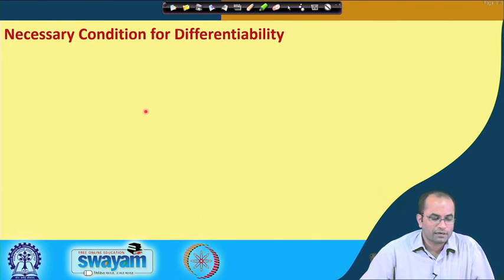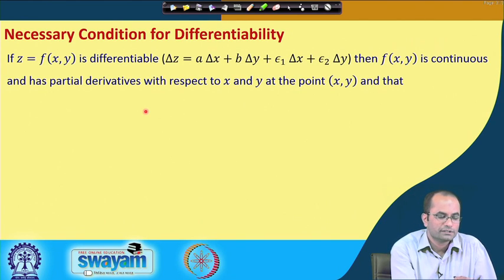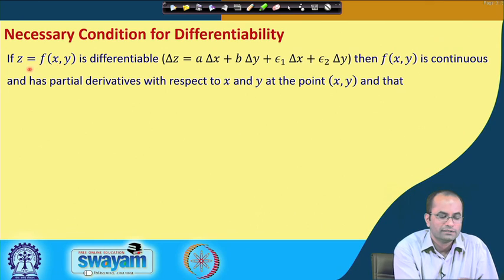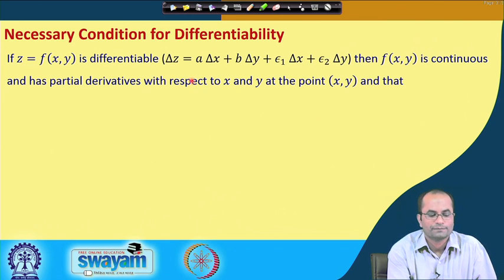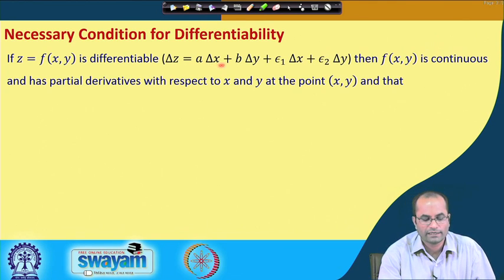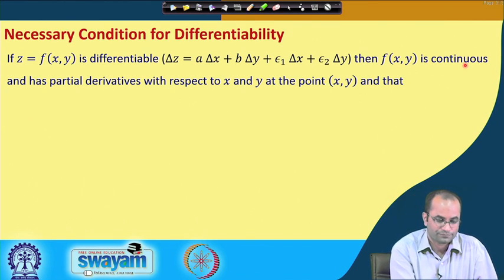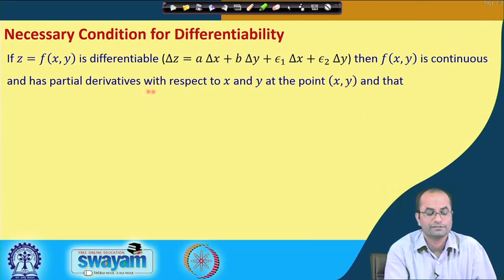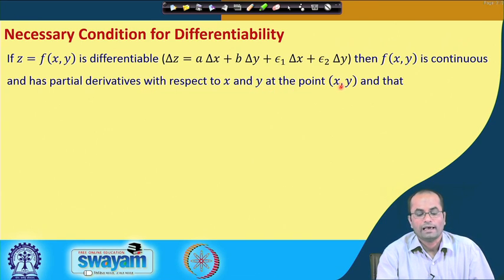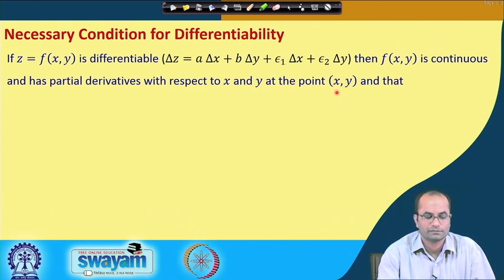So, what are the necessary conditions for differentiability? We will derive them now. If z is equal to f x y and this function is differentiable, that means we can express delta z as a delta x plus b delta y plus epsilon 1 delta x plus epsilon 2 delta y. Then we will show that the function is continuous and has partial derivatives with respect to x and y at that point where we are talking about differentiability.